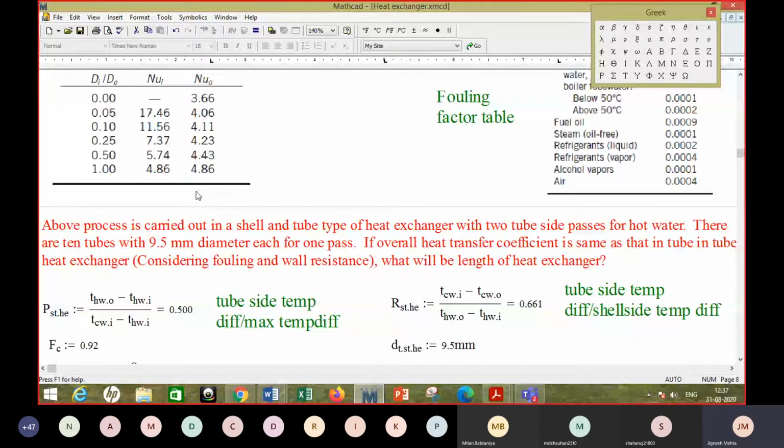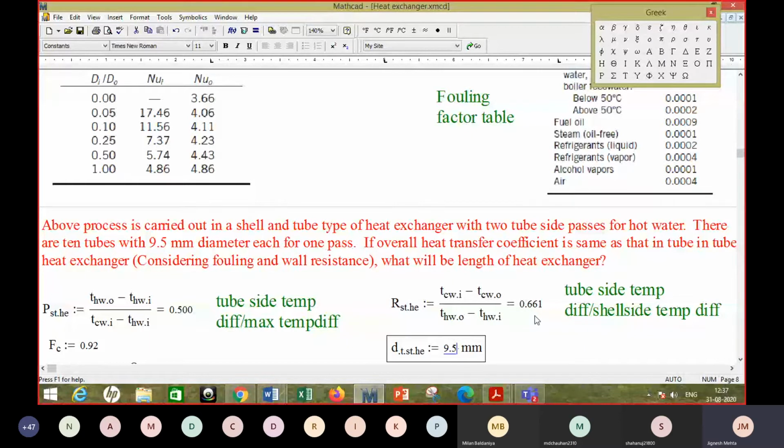Okay. Now the diameter of the tube is 9.5 given, right? And there are 10 such tubes in one pass, and in the other pass there will be 10 more tubes. Now what is the effective log mean temperature difference?